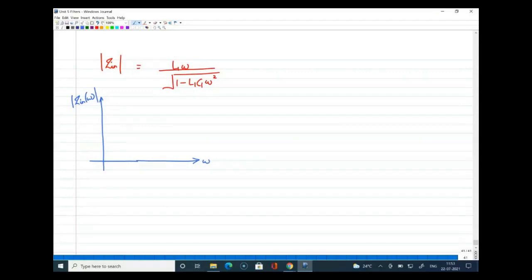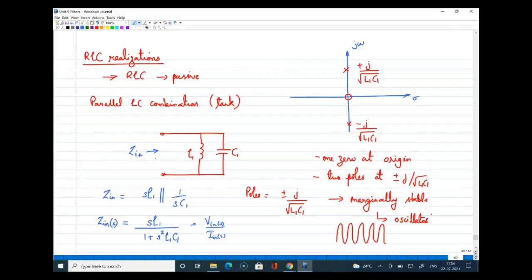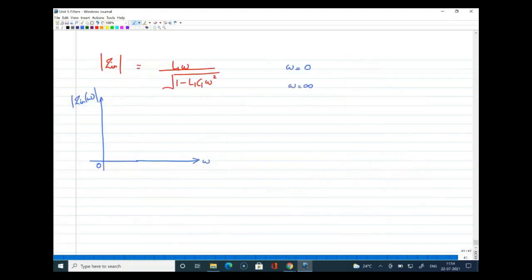So how will you check that? You have the expression for magnitude. You can get it by directly substituting omega equal to 0 to get the low frequency values, omega equal to infinity to get the high frequency values, and typically we will substitute the oscillation frequency, which should be at 1 by root of L1 C1, because you have two components connected in parallel.